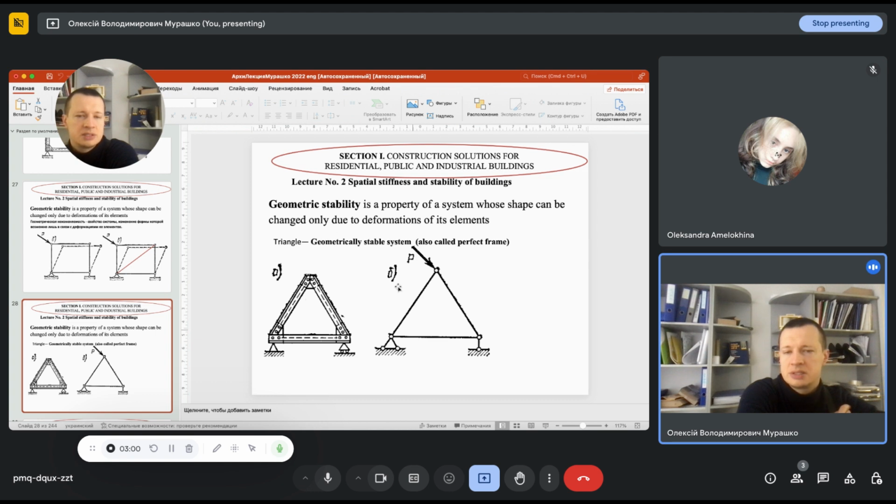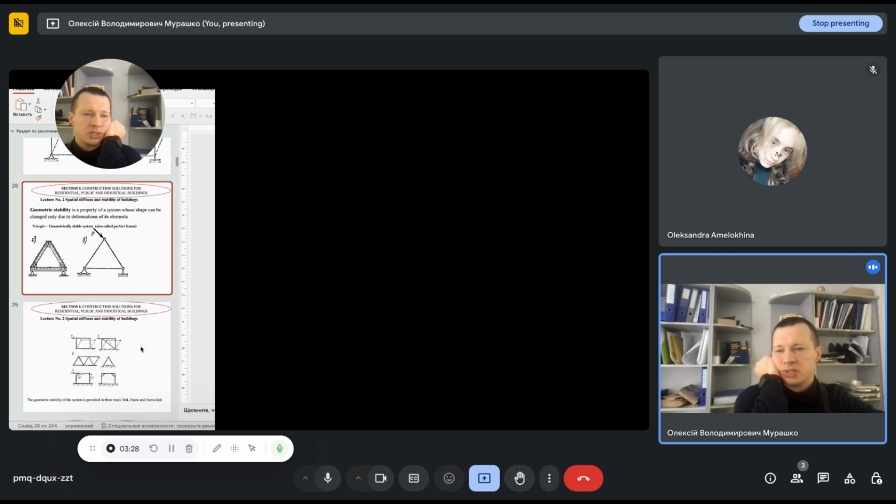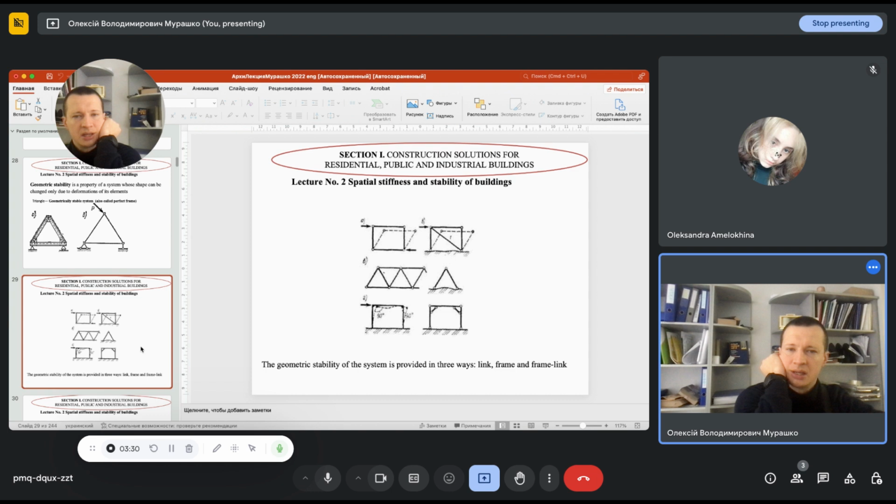Nevertheless, if we consider the behavior of a triangle, we will see that it works like a geometrically stable system, because this system, which consists of rod elements with hinged connections between them, is also a rigid system which is geometrically stable.